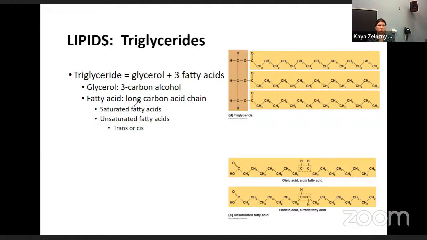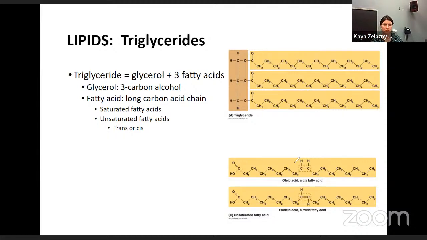And when we're thinking about unsaturated fatty acids, sometimes when you're reading about what's healthy, unhealthy, you'll be looking at those unsaturated fatty acids and they'll specify whether they're trans fatty acids or cis fatty acids. And what that's telling you is about the position of the hydrogens on either side of that double bond.